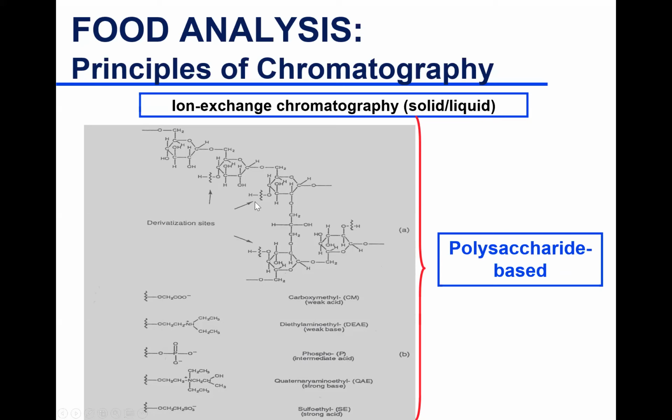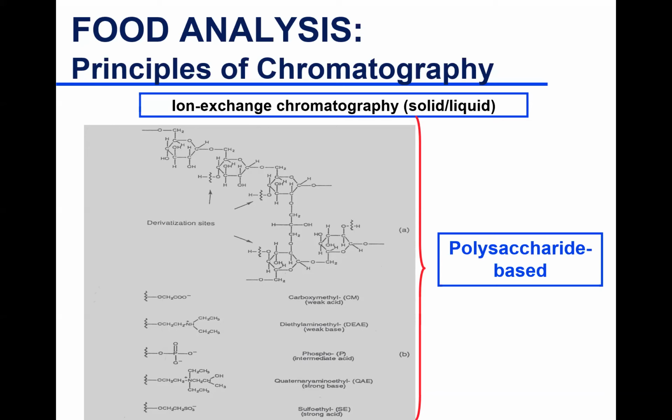These OH groups can be derivatized with a weak acid or a weak base. If they are derivatized with a weak acid, they carry a negative charge, but they can easily be protonated. What does that mean to us? This one can easily be protonated, and the weak base can easily be deprotonated.